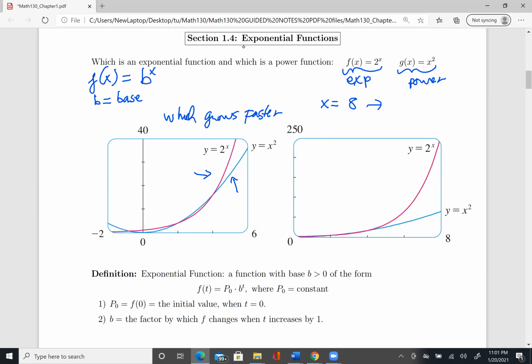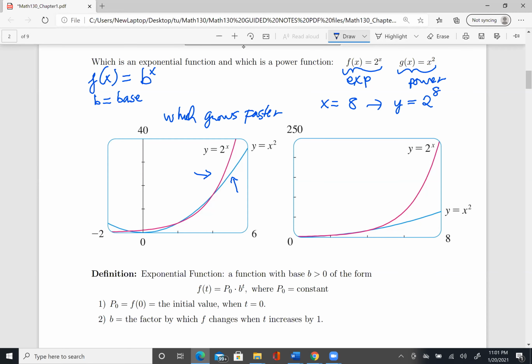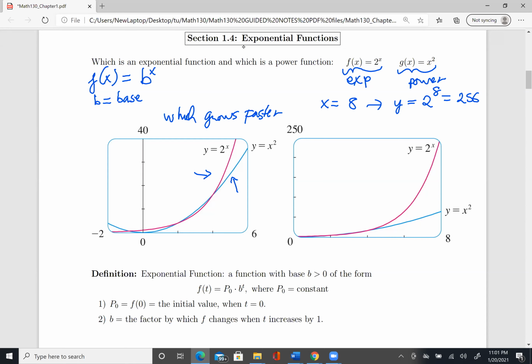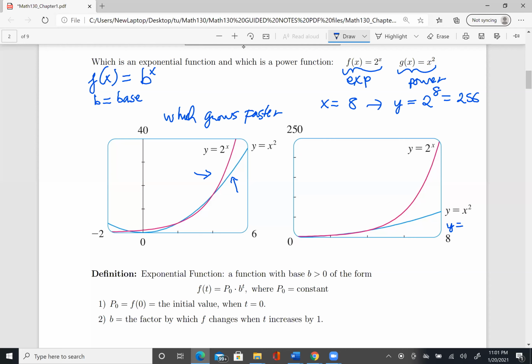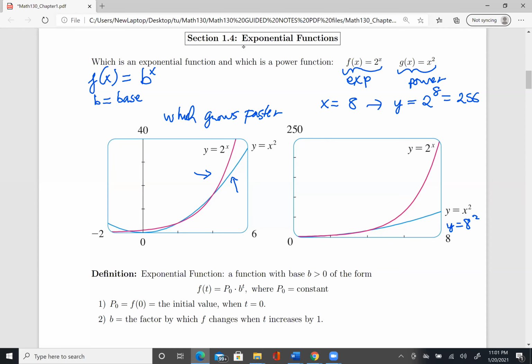For the exponential one, y equals 2 to the power 8, which equals 256. For y equals x squared, I have 8 squared, which equals 64.